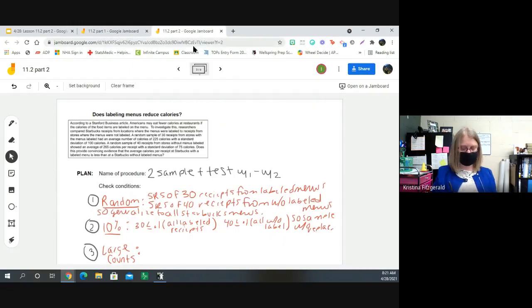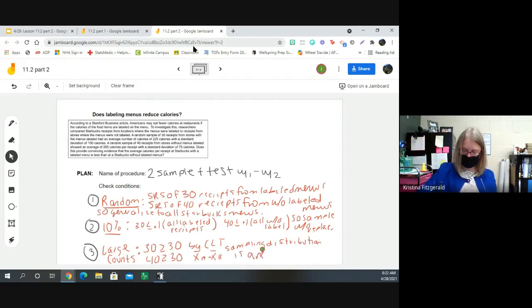Our sample size just has to be greater than or equal to 30, which is true for both of our samples. So by the central limit theorem, our little dot plot, if we were going to make one, but we're not because of time and we don't have menus and receipts, we're going to assume the sampling distribution, if we were to make one, is approximately normal.